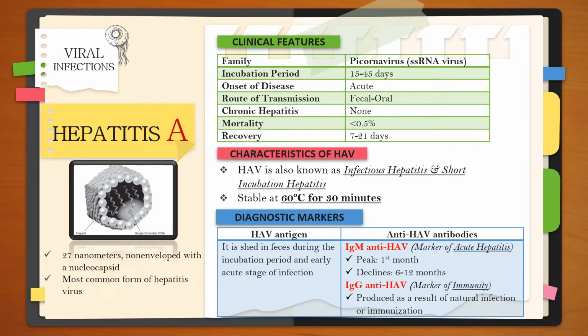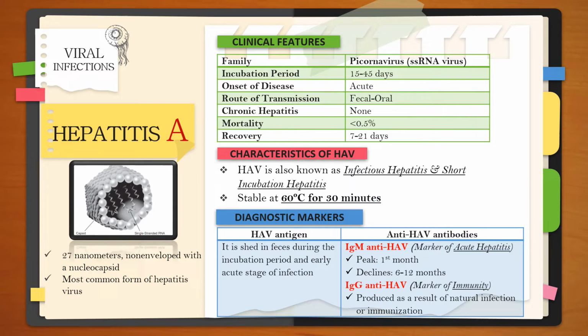So, as for the diagnostic markers, we first have the antigen, or the HAV antigen, and it is shed in the feces of infected individuals during the incubation period and early acute stage of infection, and eventually declines to low levels by the time symptoms occur. So this is the main factor.